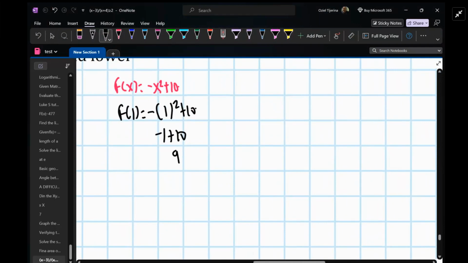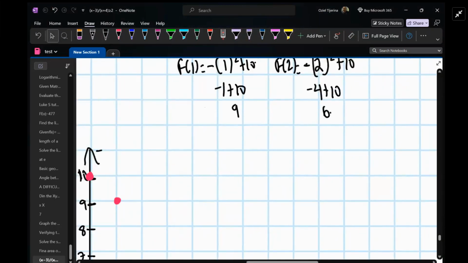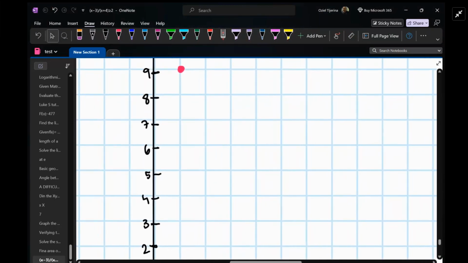So then we do f of 2, which is negative 2 squared plus 10, which is negative 4 plus 10, which is 6. So when x equals 2, y equals 6. So we want to go ahead and plot this here.